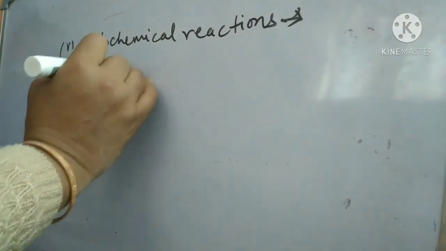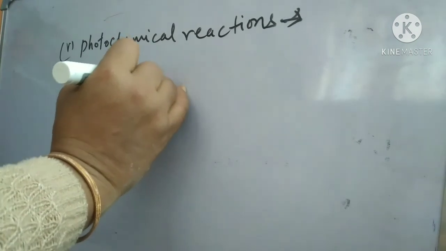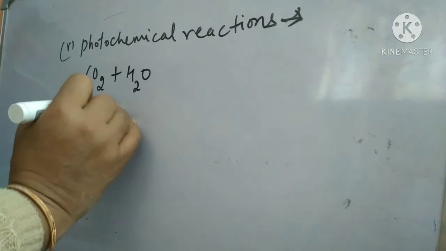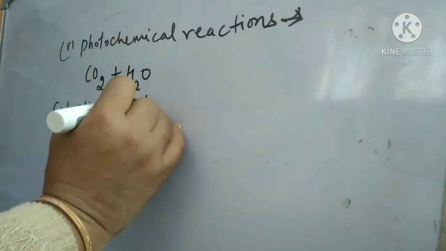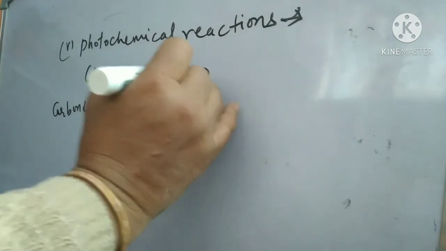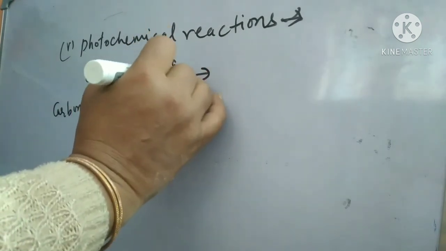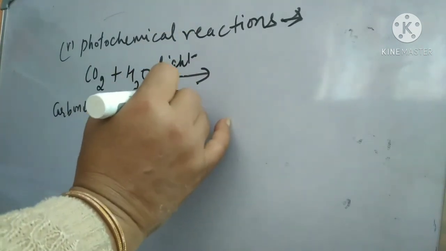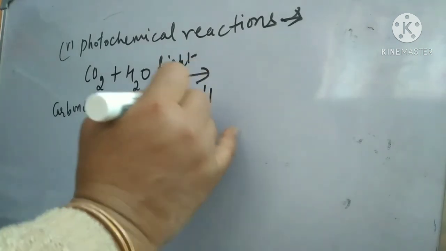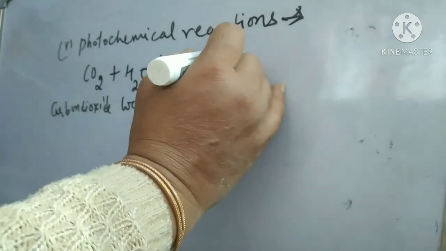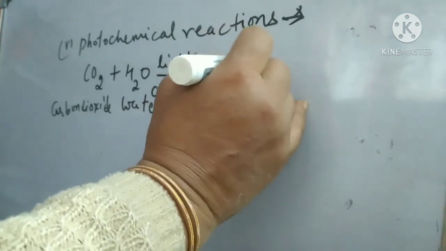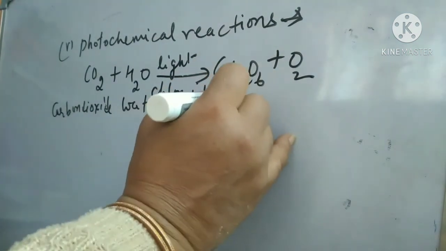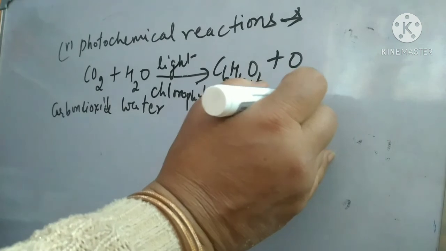Carbon dioxide plus water, this is your carbon dioxide and this is water. It will react in the presence of sunlight and chlorophyll to give glucose, that is C6H12O6, plus oxygen. This is your glucose and this is oxygen.